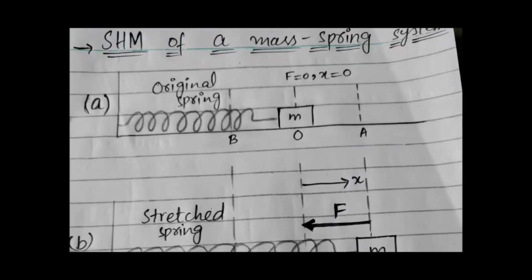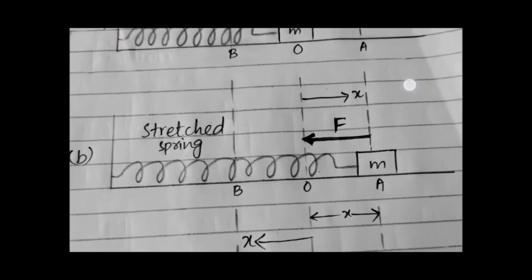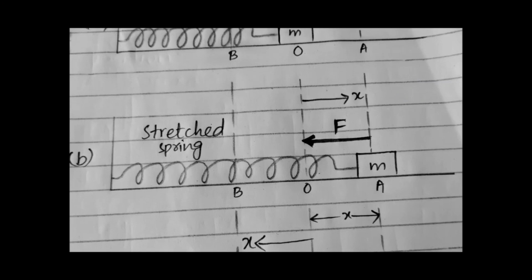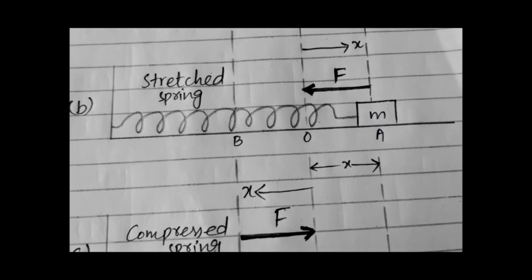In figure B there is a stretched spring, an increase in the length of the spring, and the force direction is also towards the position O. So we can say that this motion is simple harmonic motion, because the force direction is always towards the position O, and the force is directly proportional to the displacement: F varies with respect to x, F depends upon x.